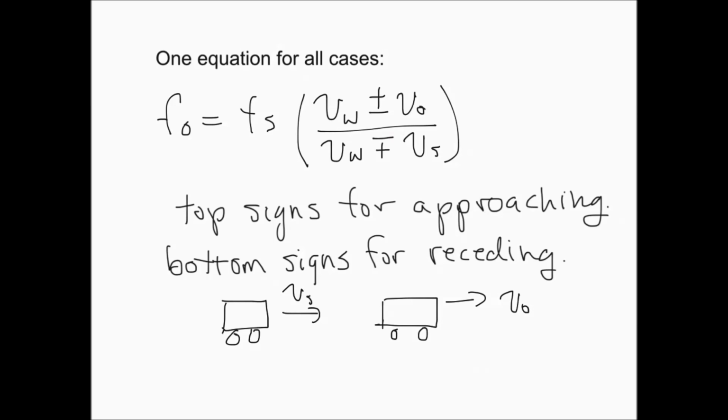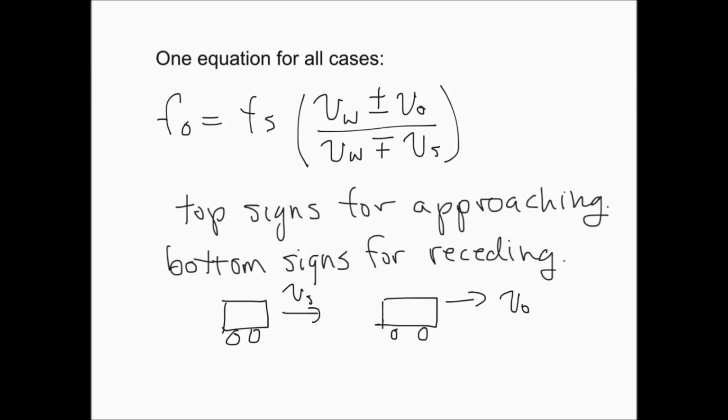If we want to know the frequency of the observer in this case, we can use this equation. The velocity of waves is the speed of sound for both. In this case, the observer is receding from the source. That is to say, the observer is running away from the source, and so we would use the bottom sign in the numerator because the observer is receding.